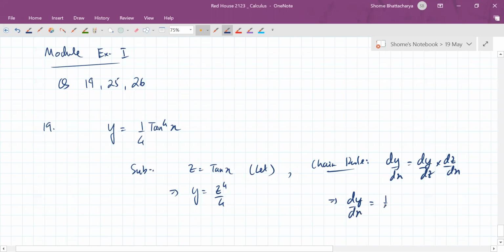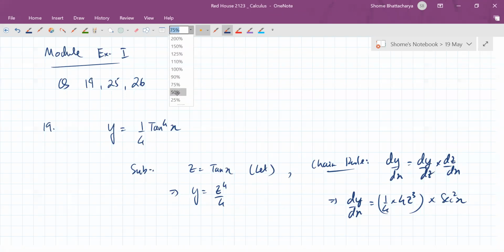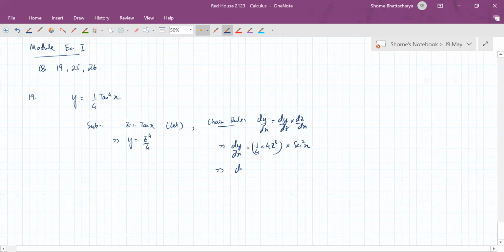So that is 1 by 4 into 4z cube into differentiation of z with respect to x, which by formula you know is sec square x. Okay. So now you have to just resubstitute. So dy by dx is z cube, which is tan cube x into sec square x.